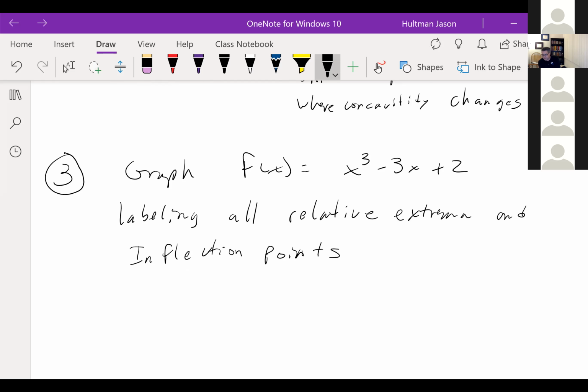Okay, graph f of x is equal to x cubed minus 3x squared, labeling all relative extrema and inflection points. Okay, so let's see what this looks like.